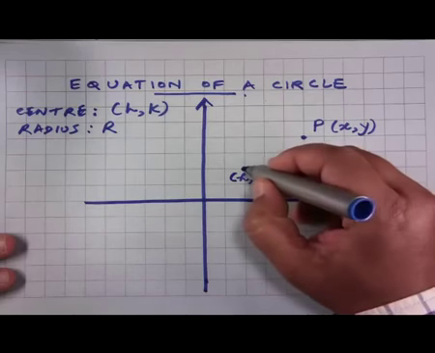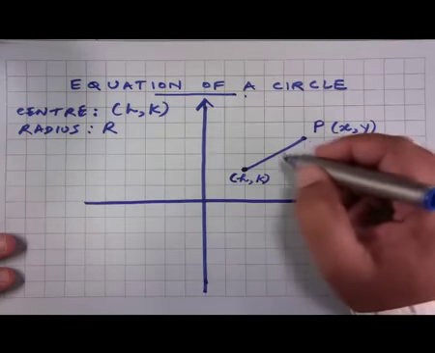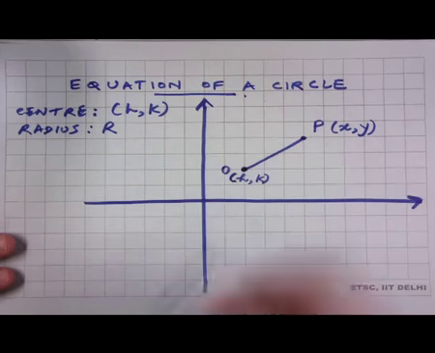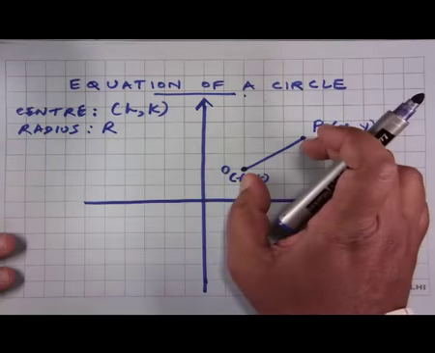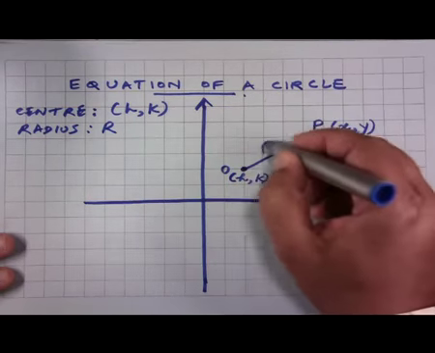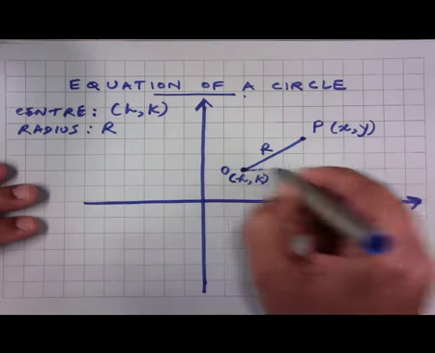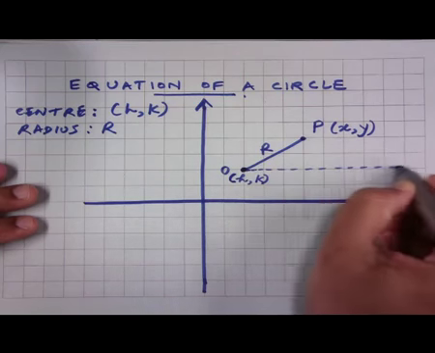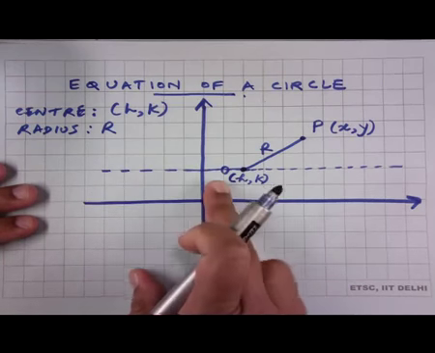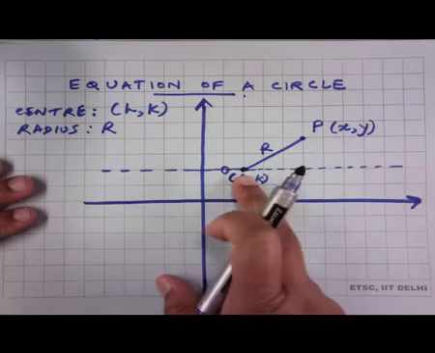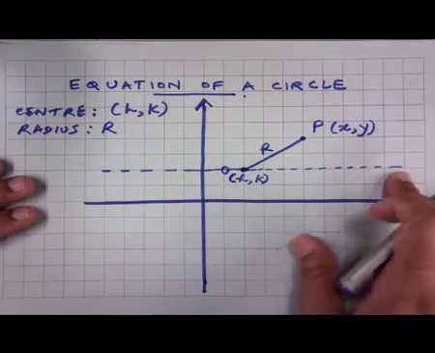So let us first connect the center with the point P. Now, since the radius is r, the length of this line segment OP will be r. Let us draw a horizontal line passing through the center O. Obviously, the x axis and this line are parallel.